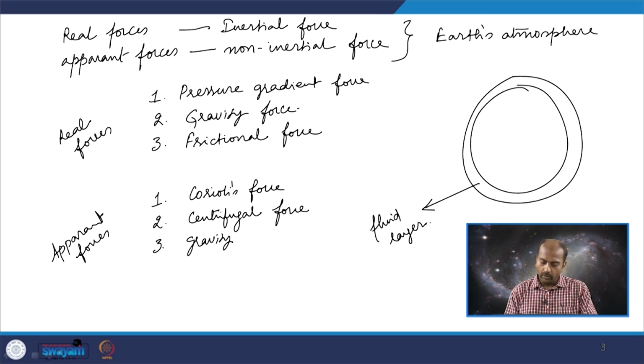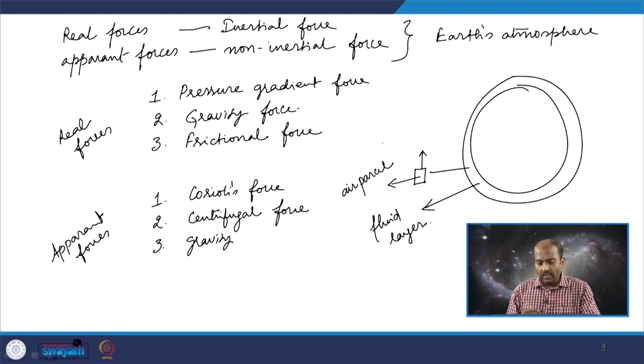In order to understand this fluid layer, we consider an infinitesimally small volume of air, which is called the air parcel. We will try to understand the movement of this air parcel. If this air parcel is moving, its movement has to be attributed to several different types of forces.